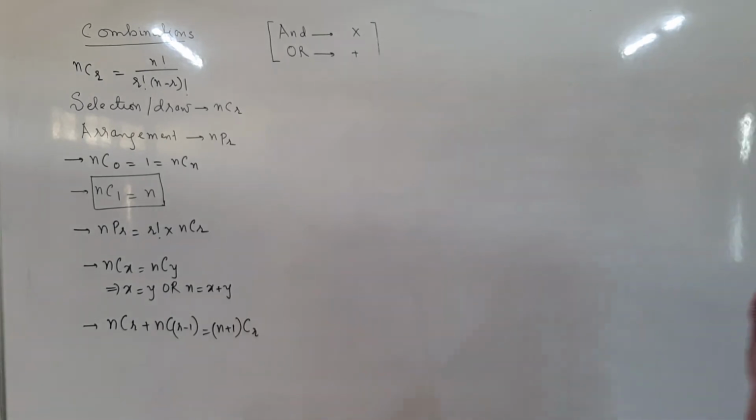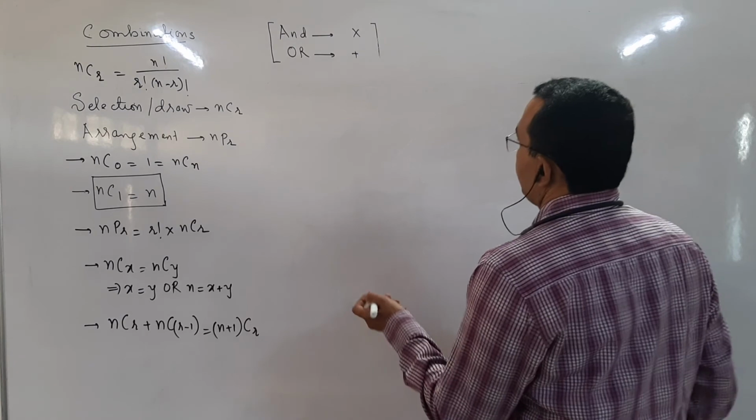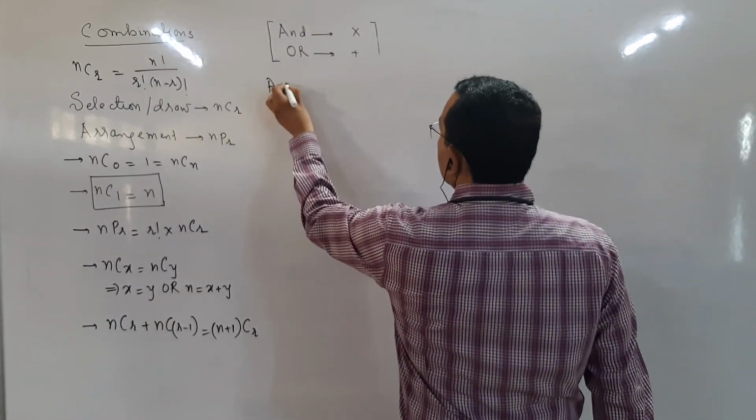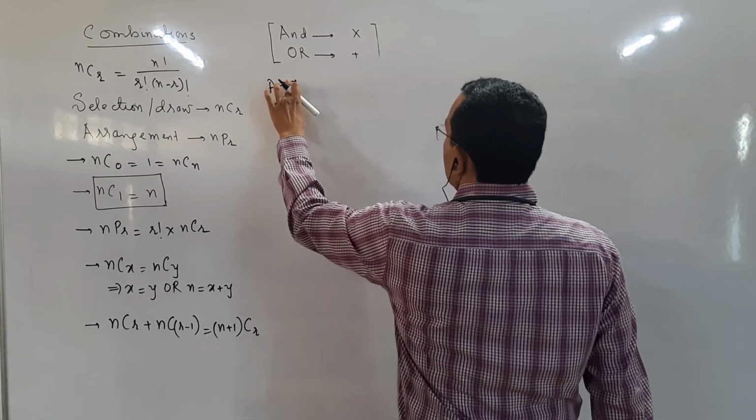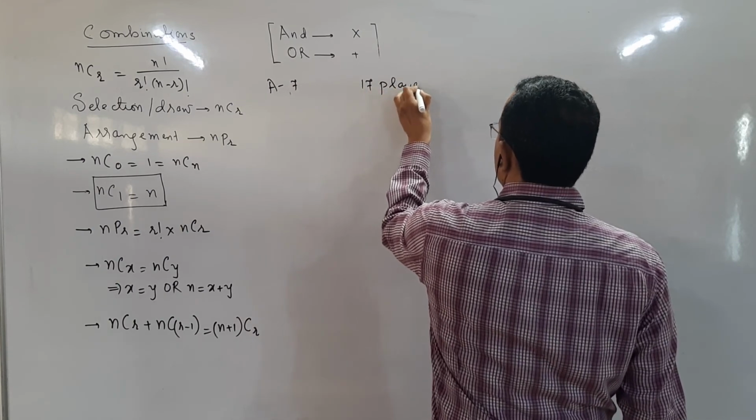Okay, now we are doing 7. In how many ways can we select a team of 11 players from 17 players in which only 5 players can bowl? Available players are 17.